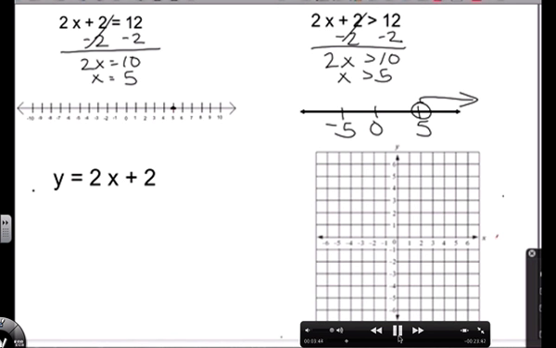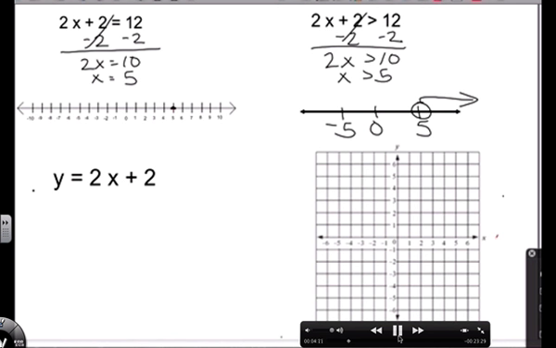All right, then we started solving linear equations. So now we have an x and a y in our equation. So the first thing we did is we used x-y tables, right? We plugged in any number we wanted as an input for x, and we solved for y.